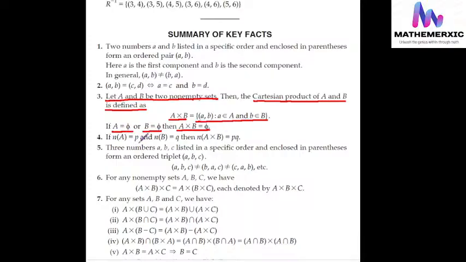If the number of elements of A is P, which is given, and the number of elements of B is Q, then the number of elements of the product will obviously be P times Q.